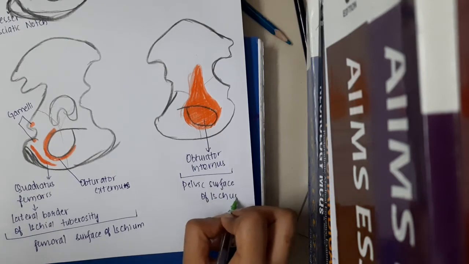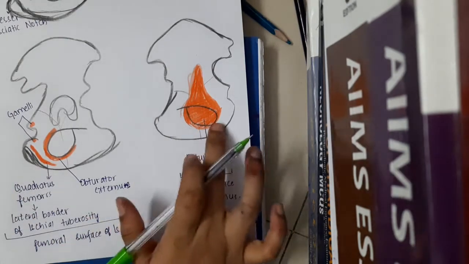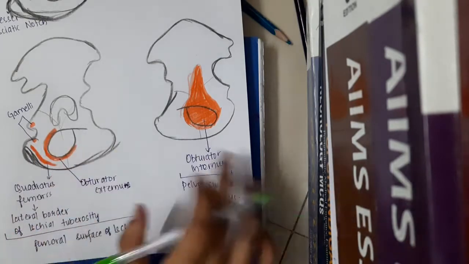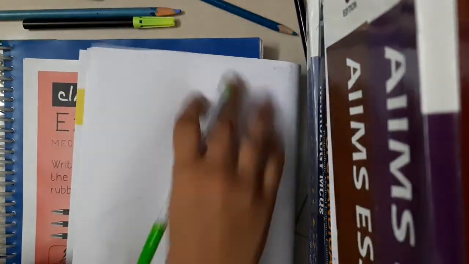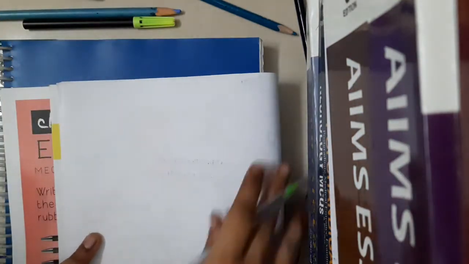Now coming to the ramus of ischium. This is the ramus of ischium. I am not drawing the whole picture now, just the ramus of ischium in a magnified way, so that it becomes easier for us to learn.